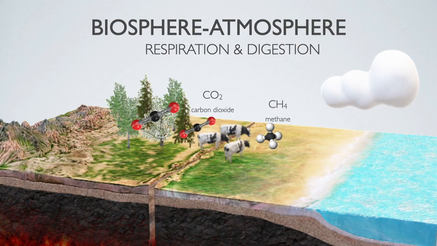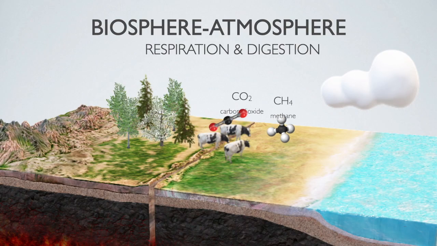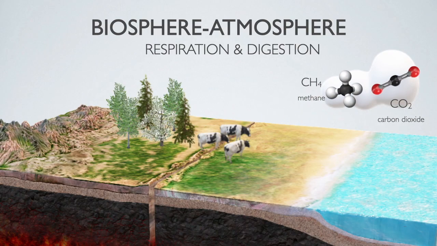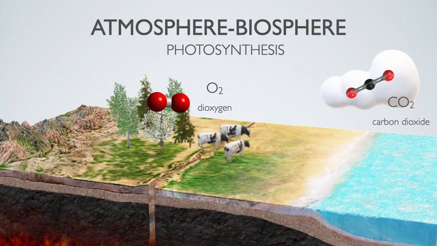Gases containing carbon are also created during the fermentation that occurs during the digestion process of animals. This is especially true for ruminants, for example cows or sheep, who release methane, a gas containing carbon, via flatulence.